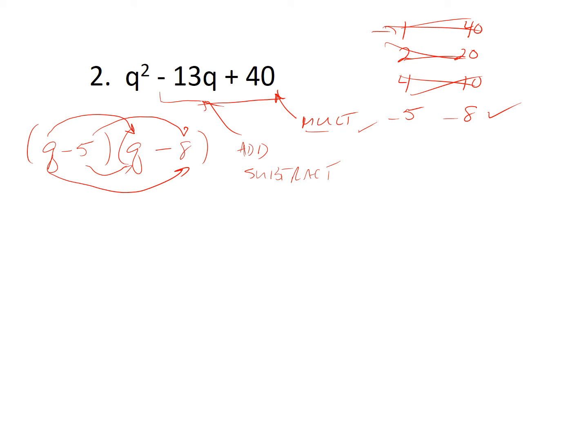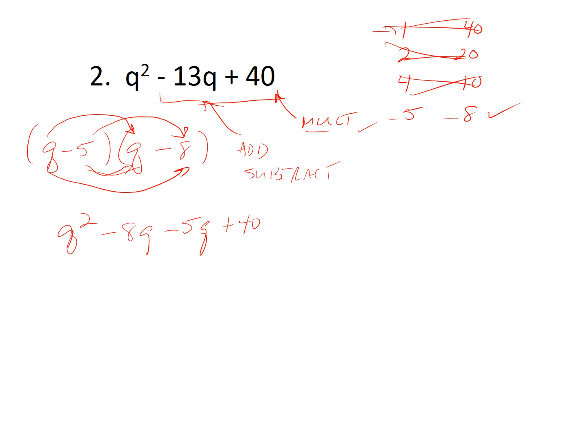That's the FOIL: first, outer, inner, and last. So the first two, q times q, is q squared. Outer two, q times negative 8, is negative 8q. The inner two, negative 5 times q, is negative 5q. And then the last two, negative 5 times negative 8, is a positive 40.